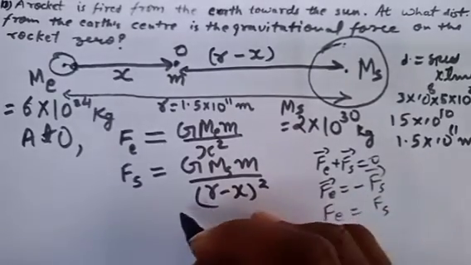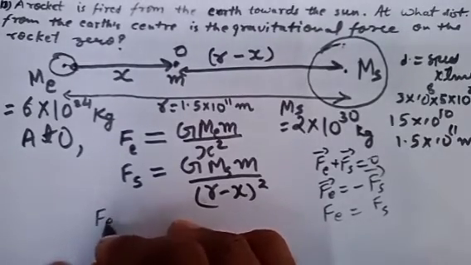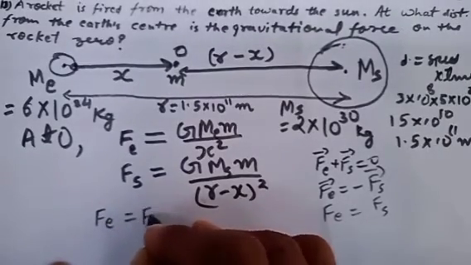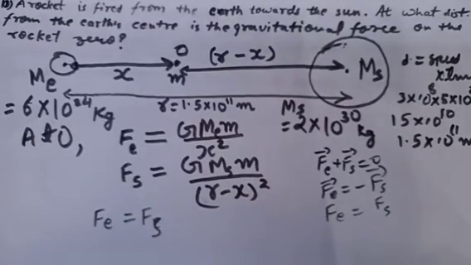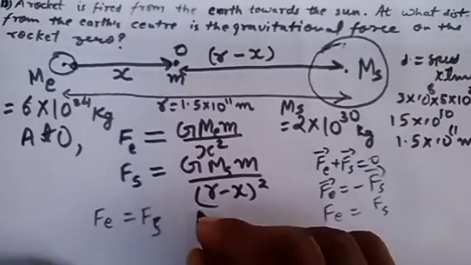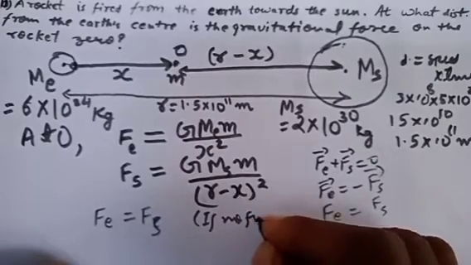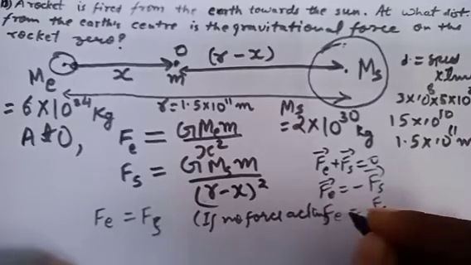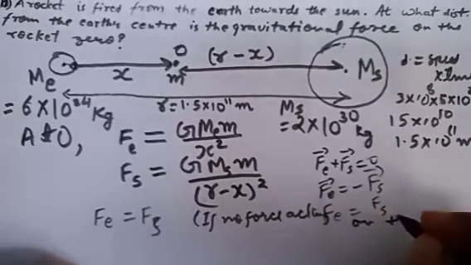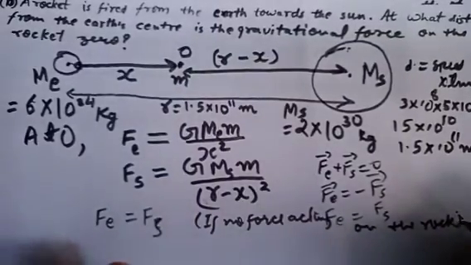So here what we are doing, we are directly putting Fe equal to Fs, if there is no force acting on the rocket.